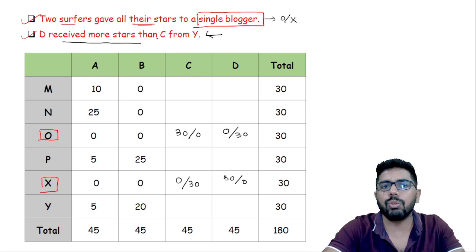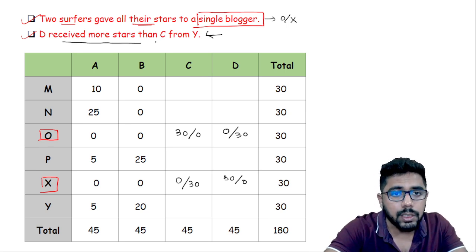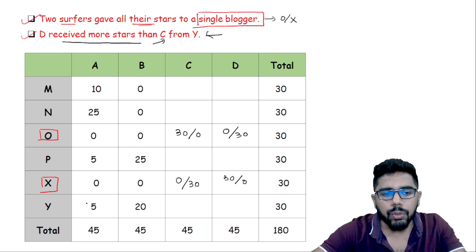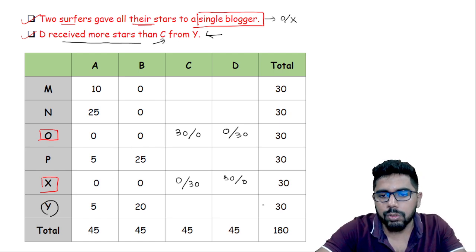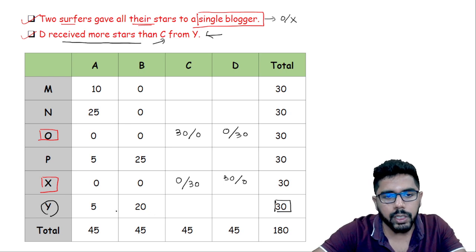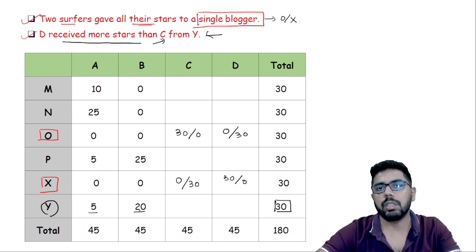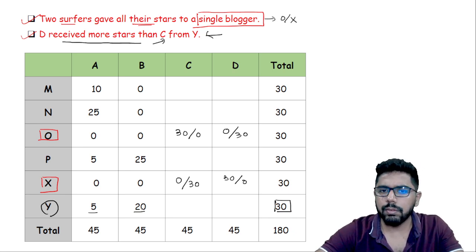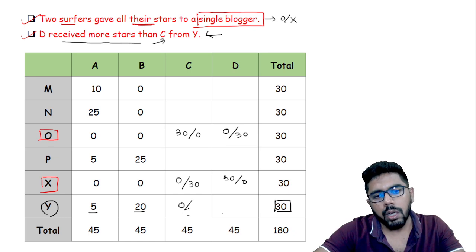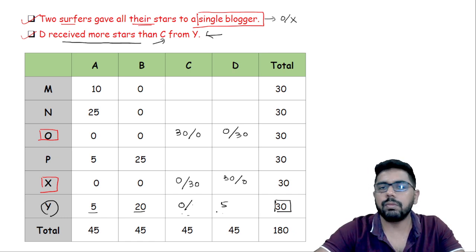D received more stars than C from Y. Now, if you look at Y, Y has total 30 stars and Y has already distributed 5 plus 20, 25 stars. So Y has only 5 stars left and 5 will be distributed between C and D. One of them is going to get 0 and the other one is going to get 5.